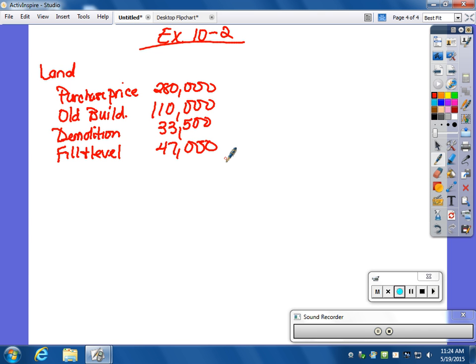So when we add all of this, the total cost of that land was how much? $280,000 plus 110,000 plus 33,500 plus 47,000. 470,500.